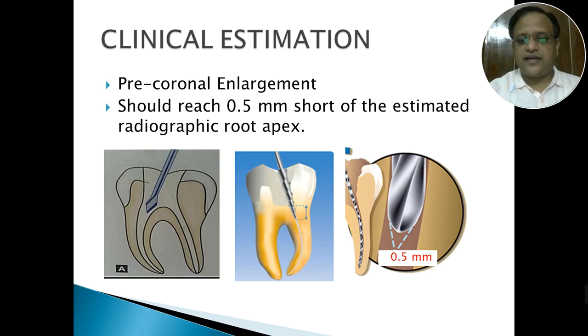All the different rotary systems in the world have their own specific pre-endo or pre-coronal enlargement instruments, or endo flares, or what we call coronal enlargement files. So that helps us in removing some extra dentine, and also it helps us in understanding if there is any constriction in the coronal area.